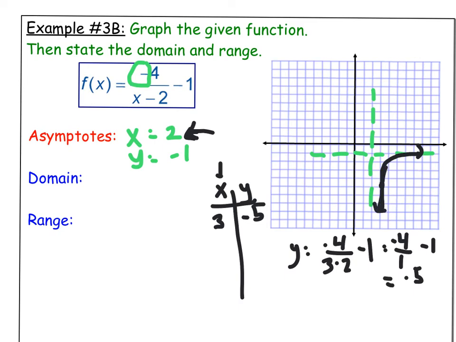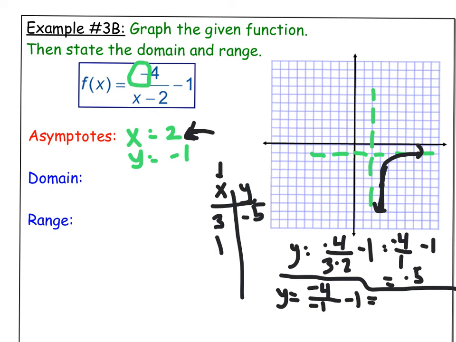And what about something a little smaller than 2? How about 1? Check that out. y equals, I'll do a little work in my head here. We got negative 4 divided by 1 minus 2, which is negative 1, minus 1.